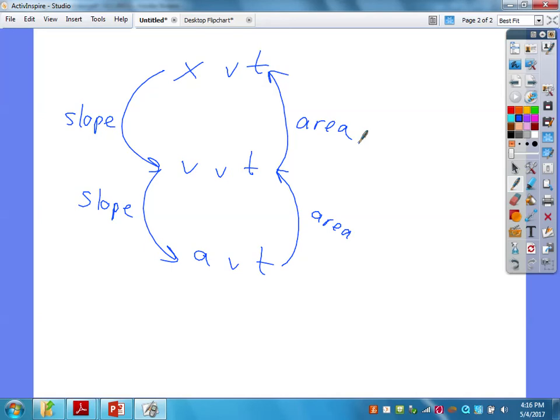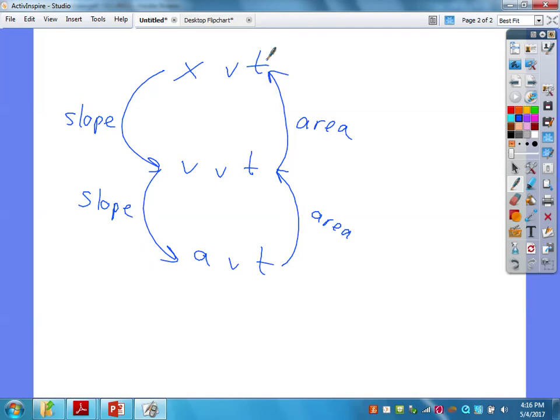There's multiple ways that we could see a velocity time graph based on an acceleration time graph. All right? And I'll show that really quickly. Same thing for velocity to displacement time. But slope takes us down, area takes us up. It also shows you why there is no slope after the acceleration time graph, and there is no area above the displacement time graph. There is nothing to take the area on.